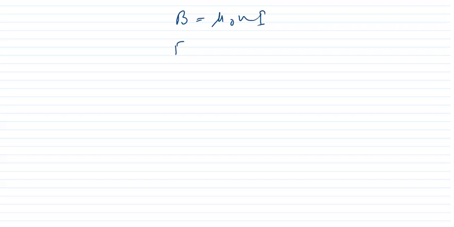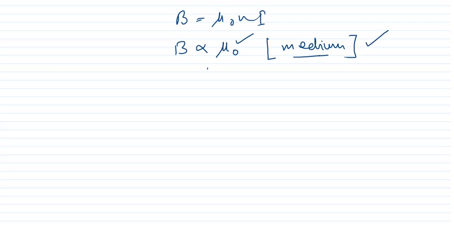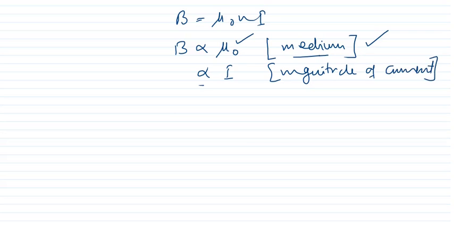So therefore B depends upon this. This means medium, because when we change the medium, permeability will change. So therefore magnetic field because of solenoid and toroid, one factor it depends on is medium. Second one is the magnitude of current, and proportionality is direct. Here is also direct and here is also direct.